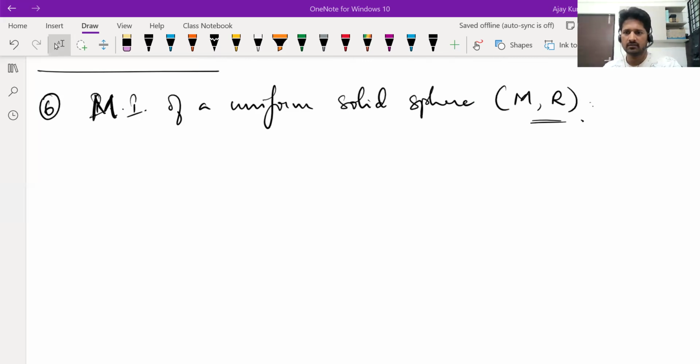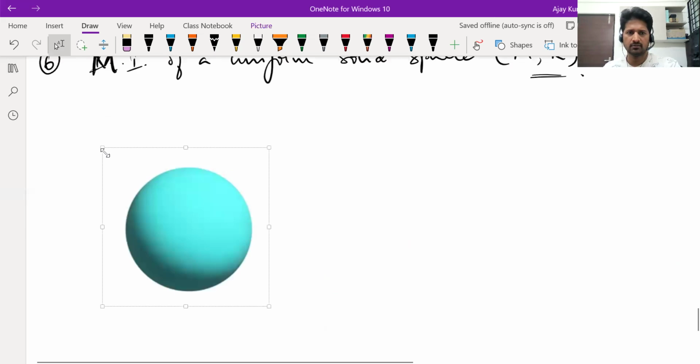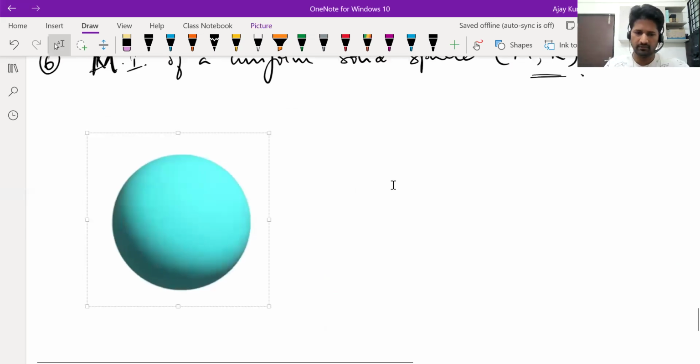Correct. Just a moment. I'll take one diagram. Okay, let's say this is the solid sphere whose moment of inertia we are trying to derive. Its mass is m, radius is r.